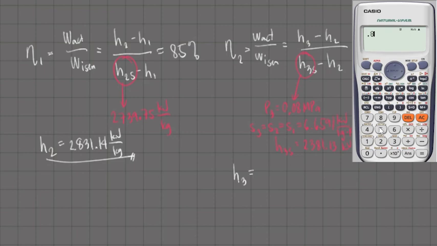That is 0.85 times 2381.13, this is your H3S, minus H2, 2831.14. And then we add the value of H2, 2831.14. Our H3 is 2448.63 kilojoules per kilogram.